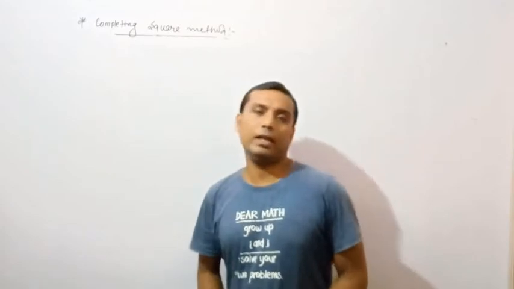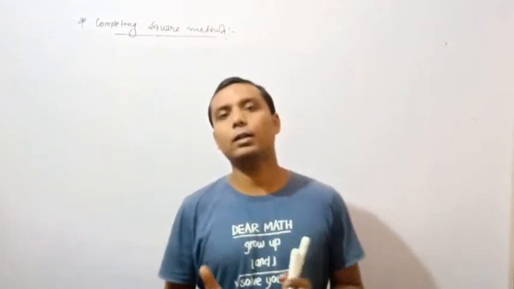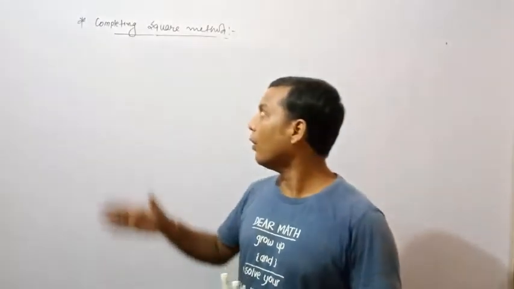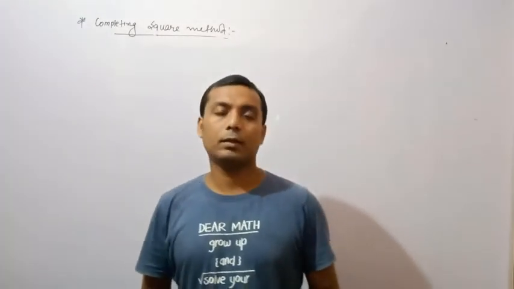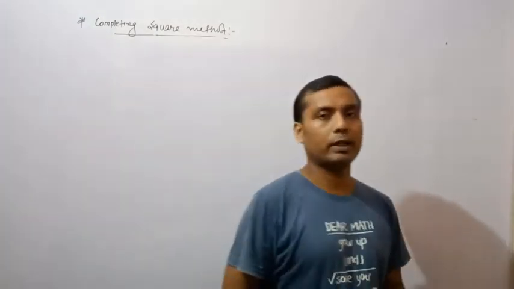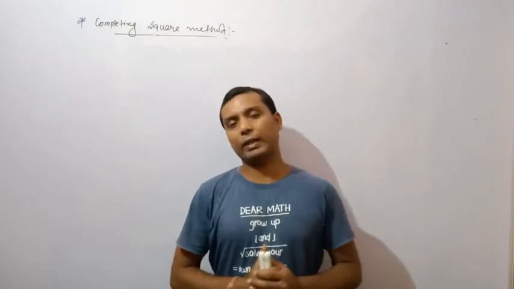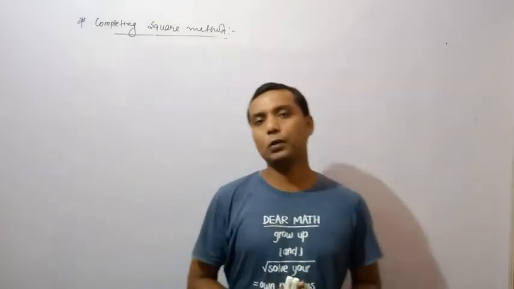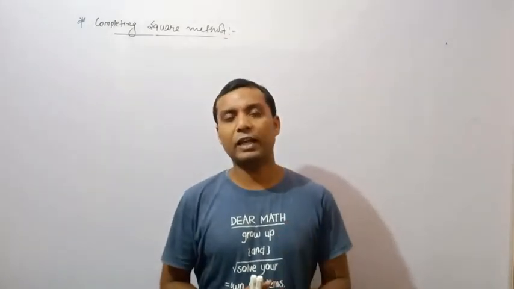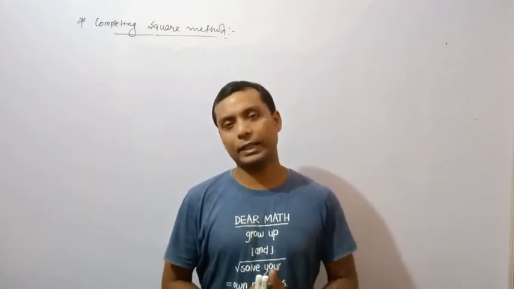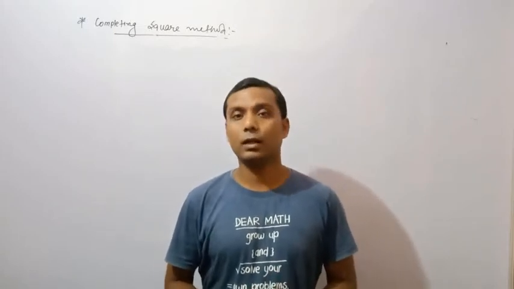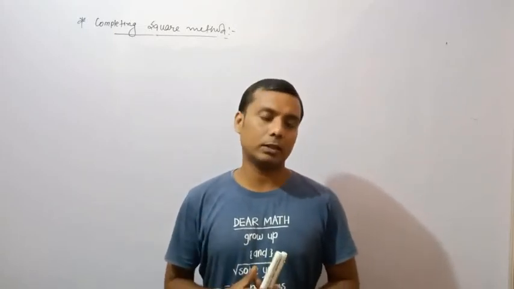Today we will discuss the method of completing the square. In the quadratic polynomial, there is a topic for finding the value of the variable using the completing square method.